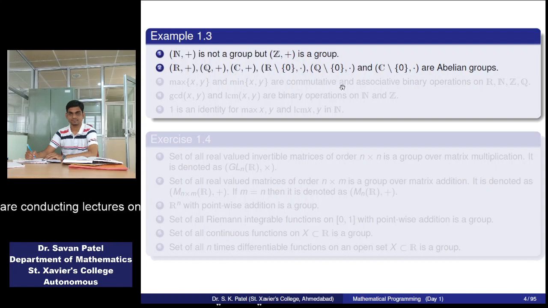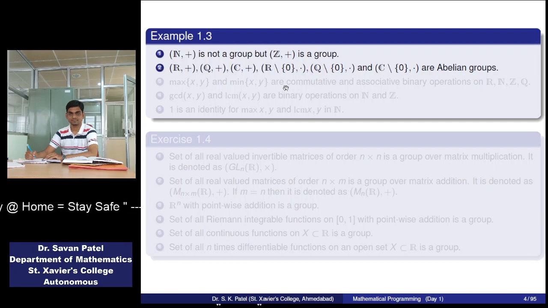Now remove 0 from the set of all real numbers with usual multiplication. The set of all rational numbers minus 0 with usual multiplication, and the set of all complex numbers minus 0 with usual multiplication are again abelian groups. We know all the properties of that.